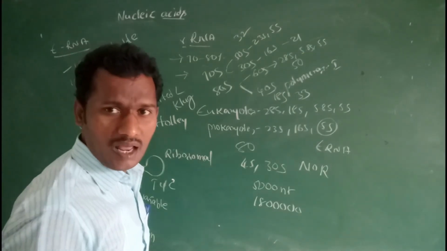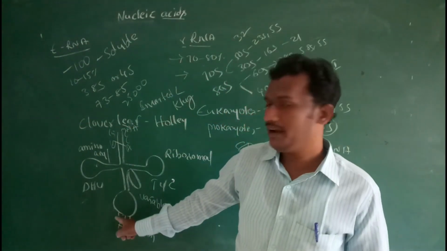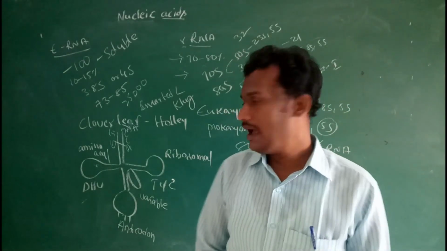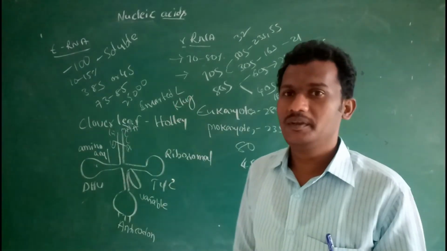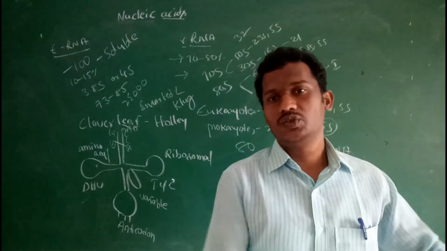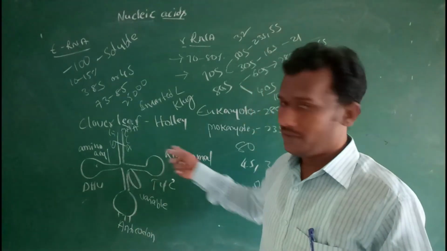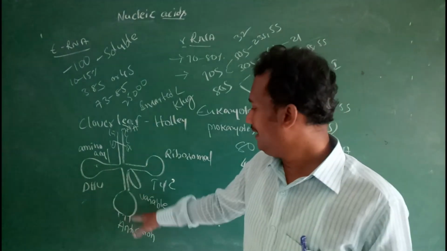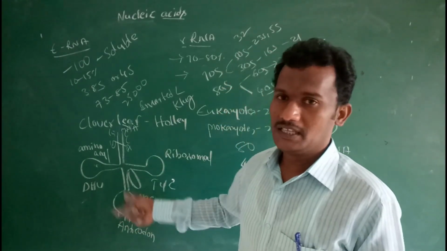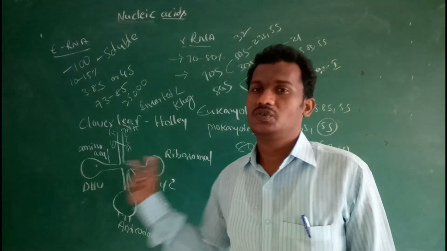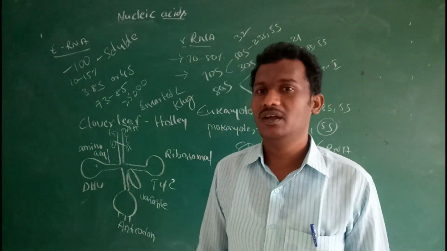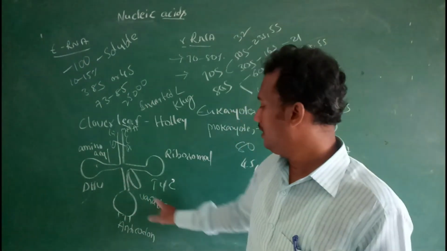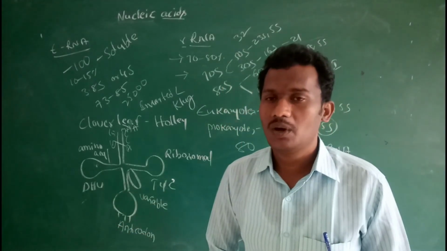Then the anticodon loop: in the anticodon loop the nitrogen bases are complementary to mRNA. This tRNA brings a specific amino acid and joins to the ribosome. While the translation process, ribosomes bind to mRNA, and by complementary base pairing of the anticodon with mRNA, the amino acids are added based on the complementary sequence of mRNA. This loop is known as the anticodon loop.